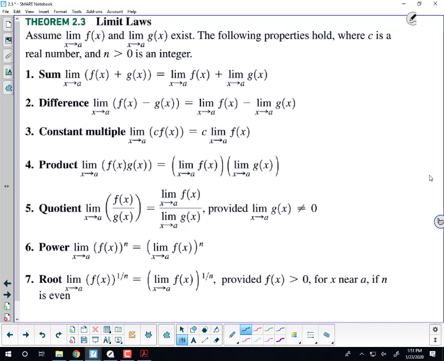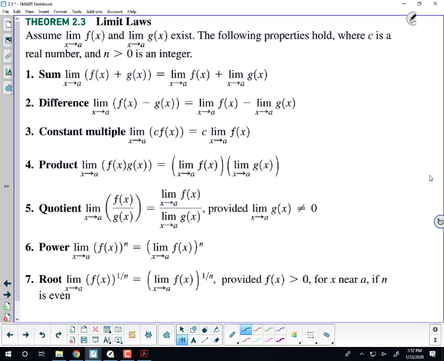So it says limit laws, so I guess you can say laws or limit properties, like how do limits behave when they're interacting with certain types of operations? That's spelled out here in 1 through 7. These combinations of operations, we've got adding and subtracting, multiplication, division, and powers and roots.